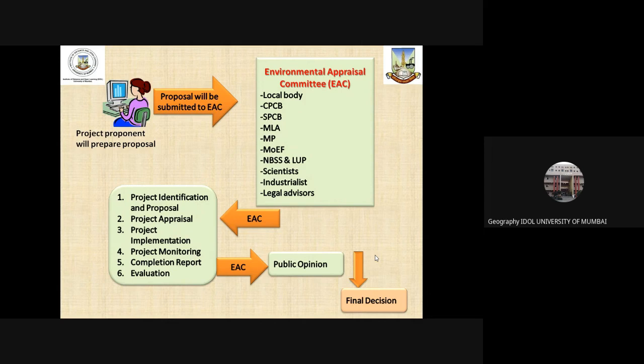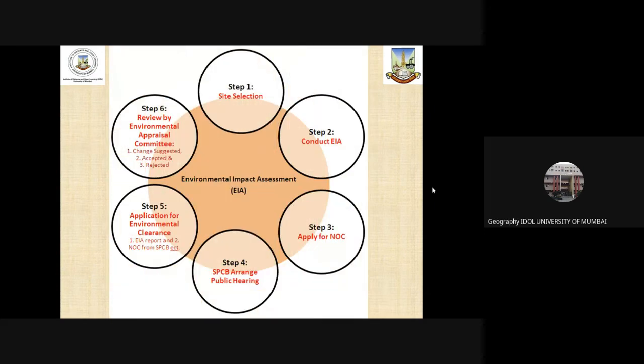But if there is any problem or any lacunas in this particular proposal, then it will be sent back to the project proponent, who has to make the necessary changes and submit it to the EAC again, and then it will go through the entire evaluation process again. So this is basically the procedural part of environmental impact assessment.